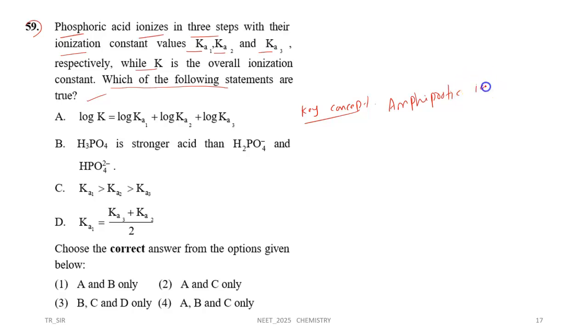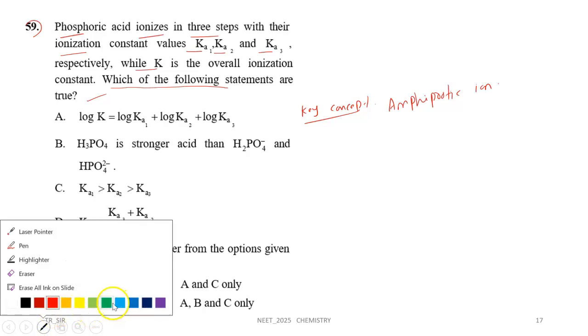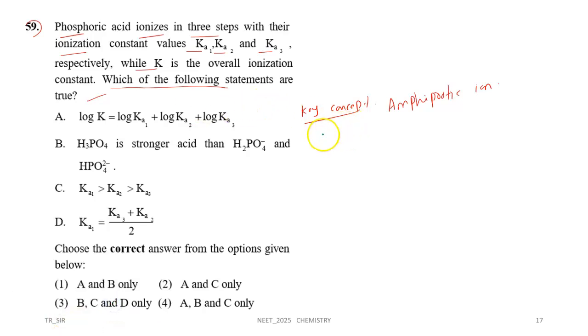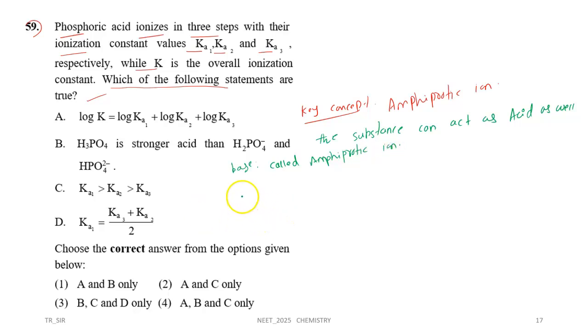An amphiprotic ion is a substance that can act as an acid as well as a base.